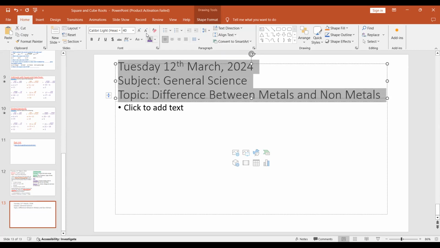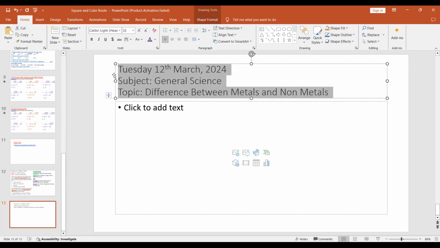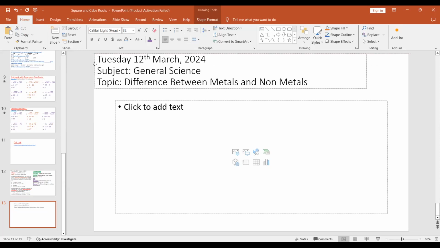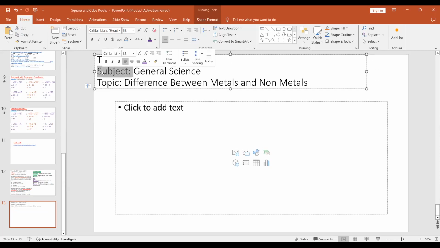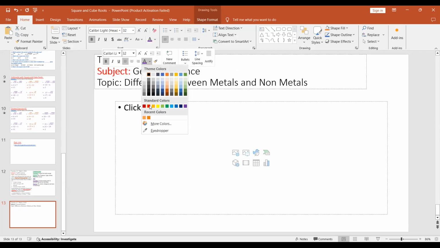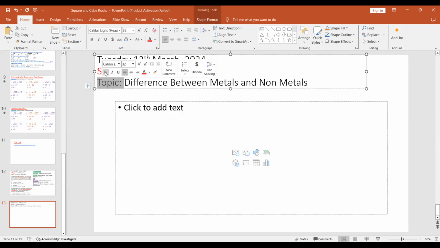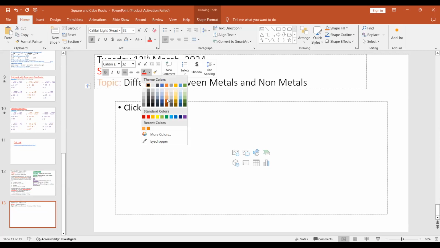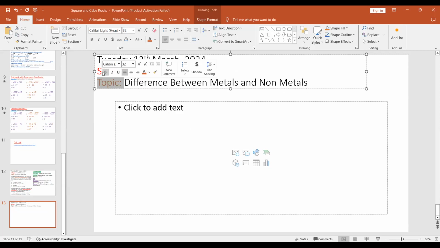Does anyone know any differences offhand before I go ahead and give them to you? Metals are good conductors of heat, and non-metals are not good conductors of heat. I think they're insulators. Yeah, they're called insulators.